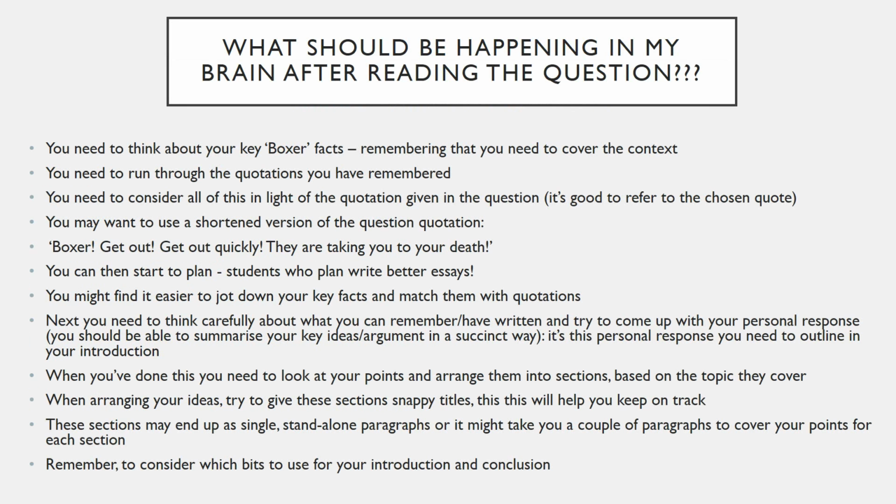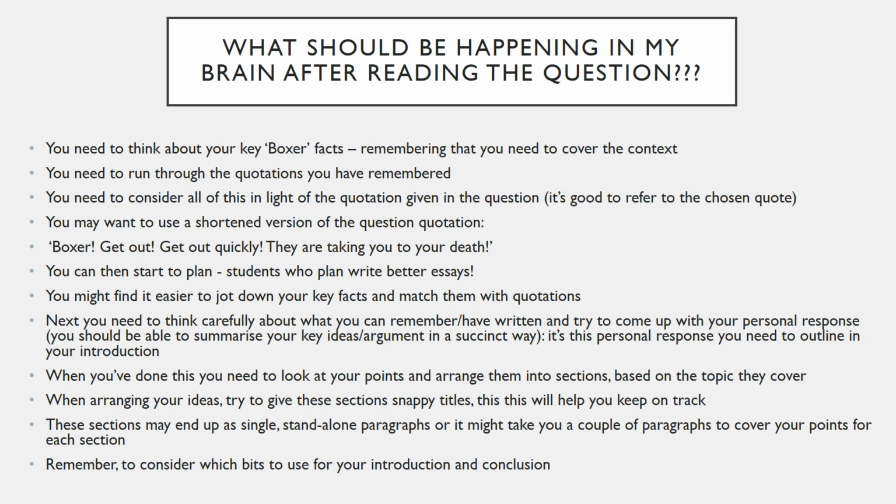Right, so what should be happening in my brain after reading the question? So first of all, you need to think about your key Boxer facts for this question. And again, remembering to take context into account when you're coming up with those ideas. You're going to need to run through the quotations that you've remembered, considering which one's going to be the most helpful. And you also need to consider these things in light of the particular question and the quote that they've given you.